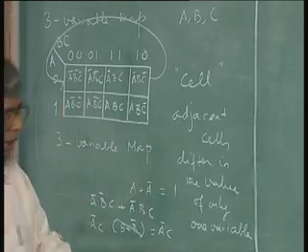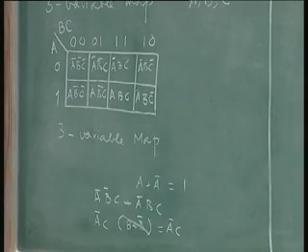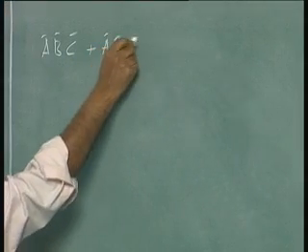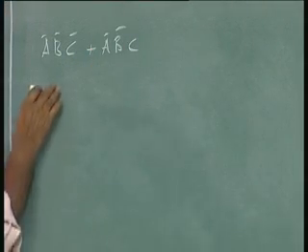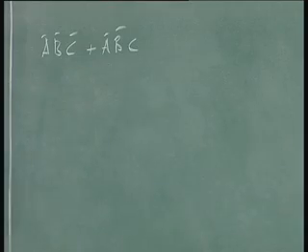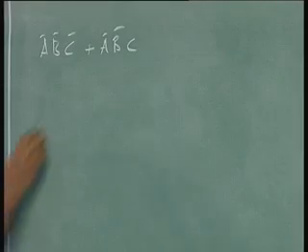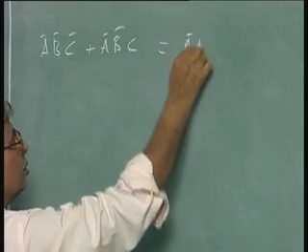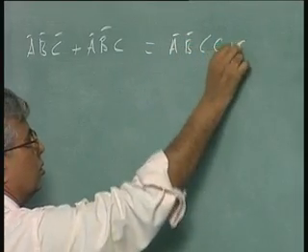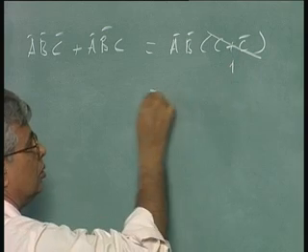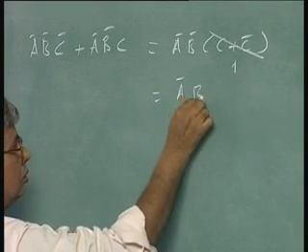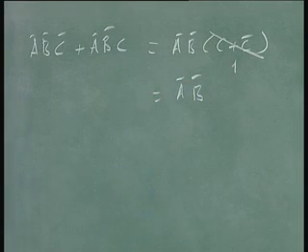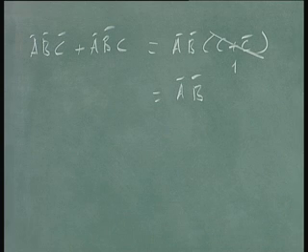For example, yesterday we had A bar B bar C bar and A bar B bar C, both of them are 1 in my truth table, I would have written it as a simplified term. So that is what we are going to use in a graphical method.